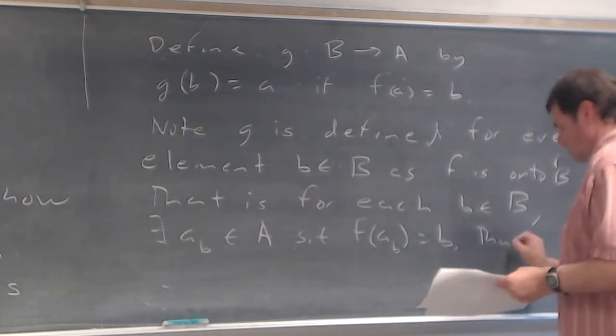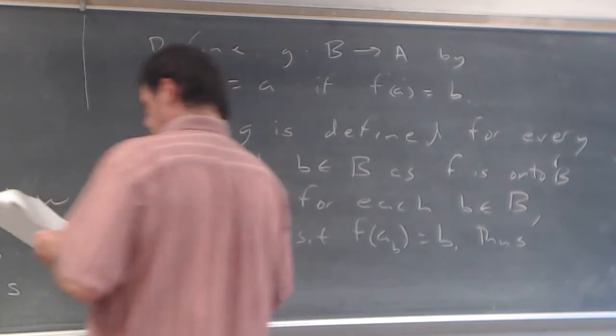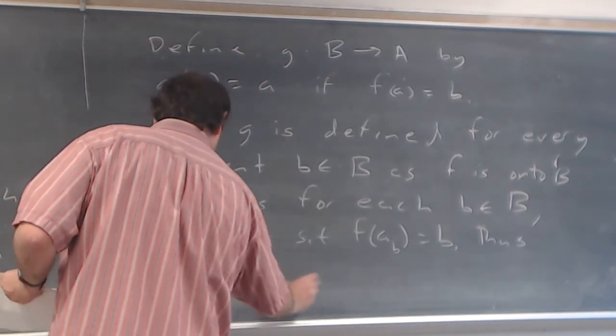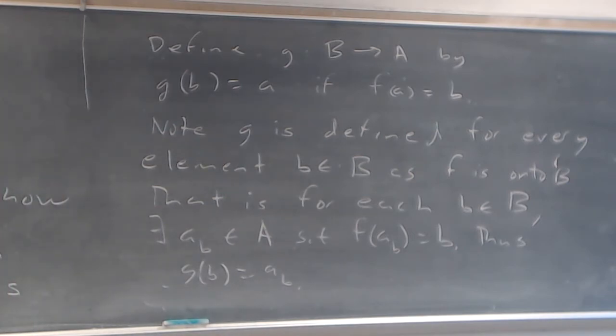Thus, g of b is equal to a sub b. So g is defined for each little element, little b, element of big B.